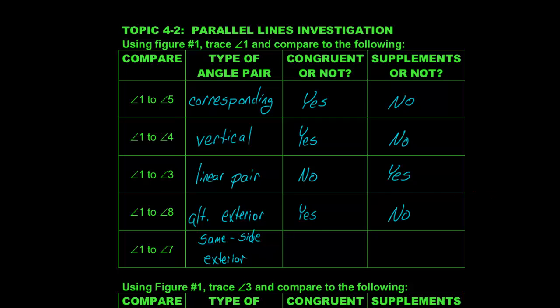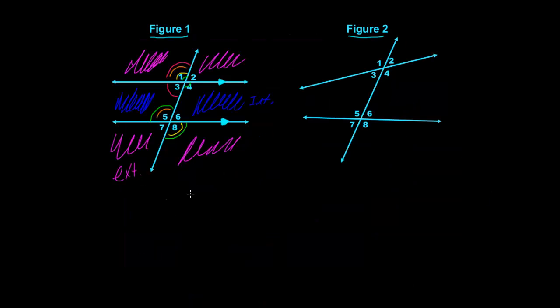Now, if we know that 1 and 3, let's look back here. What I just told you, I said 1 and 3. Oh, I accidentally hit it there. Here we go. I said 1 and 3, we know that they are a linear pair. I also said 1, 4, 5, and 8 are congruent. 2, 3, 6, and 7. So that means 3 and 7 are congruent. 1 and 3 did form 180 degrees when added together.